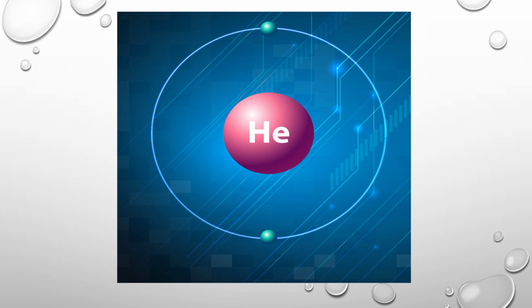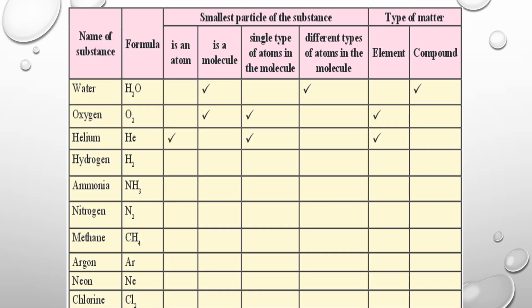Okay, let's look at the table again. So here we are discussing helium. Helium has no number. I repeat, the helium formula He has no number, and it has only one capital letter. That is why it is an atom. So we tick under is an atom.